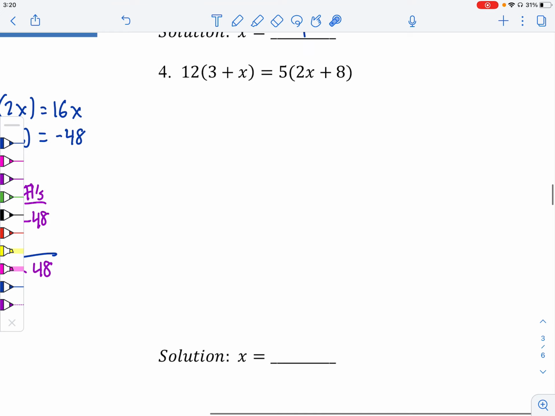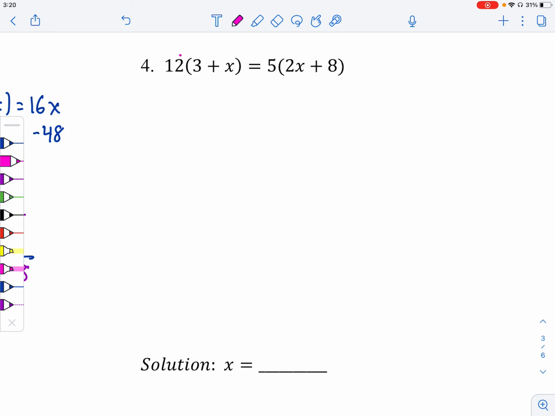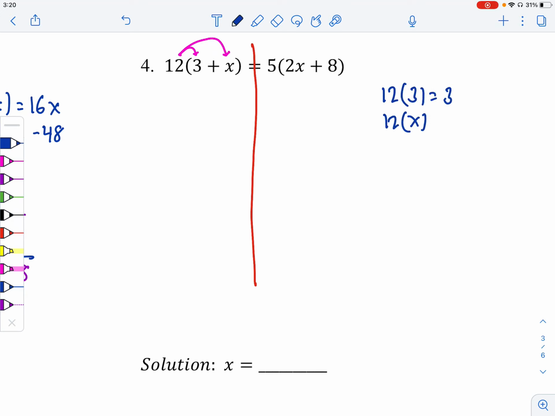And number 4. Same thing, distributing. 12 times 3, 12 times x. All right, and we have our middle. Let's write that out. So we get 12 parentheses 3, 12 parentheses x. 12 times 3, 36. 12 times x, 12x. So this becomes 36 plus 12x.